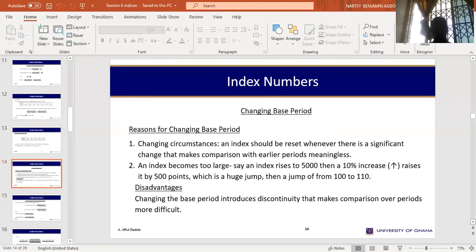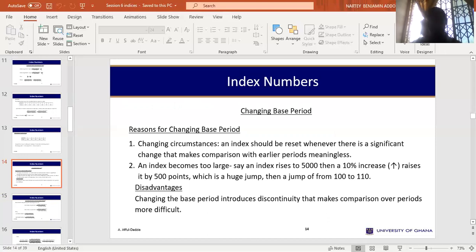Okay. So changing base period. Reasons for changing base period. Changing circumstances. An index should be reset whenever there is a significant change that makes comparison with earlier periods meaningless.